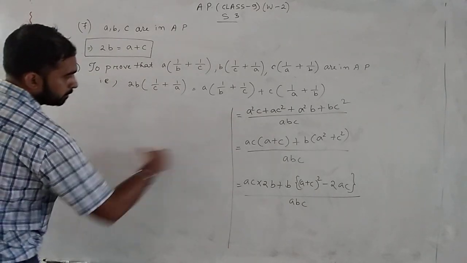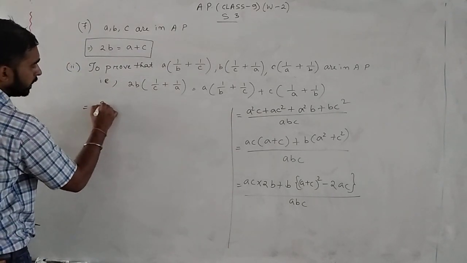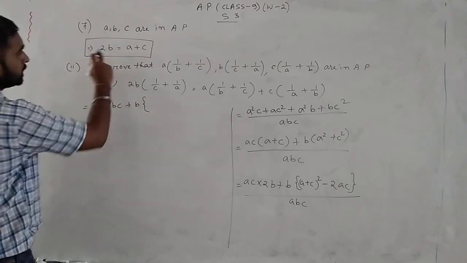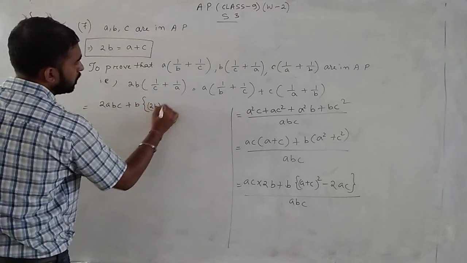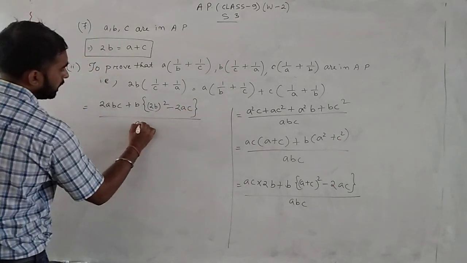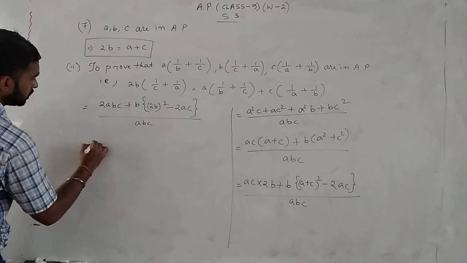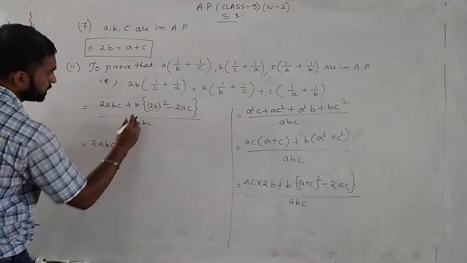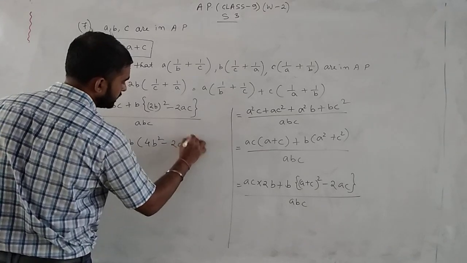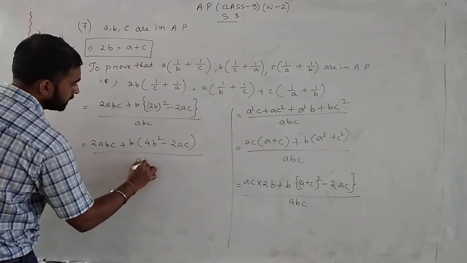Then after that, twice AC plus B. What is A plus C? Twice B. So twice B whole square minus twice AC by ABC. So twice AC plus B into this one, 4B square minus twice AC by ABC.